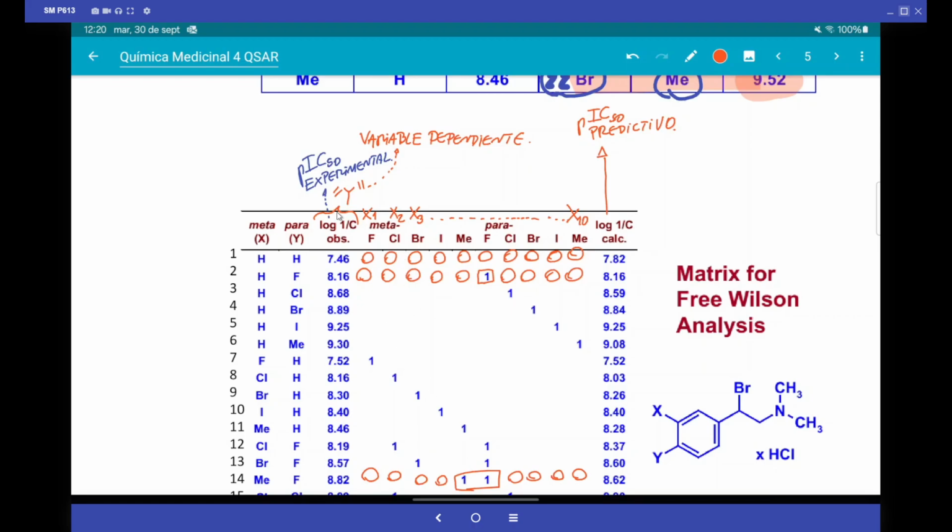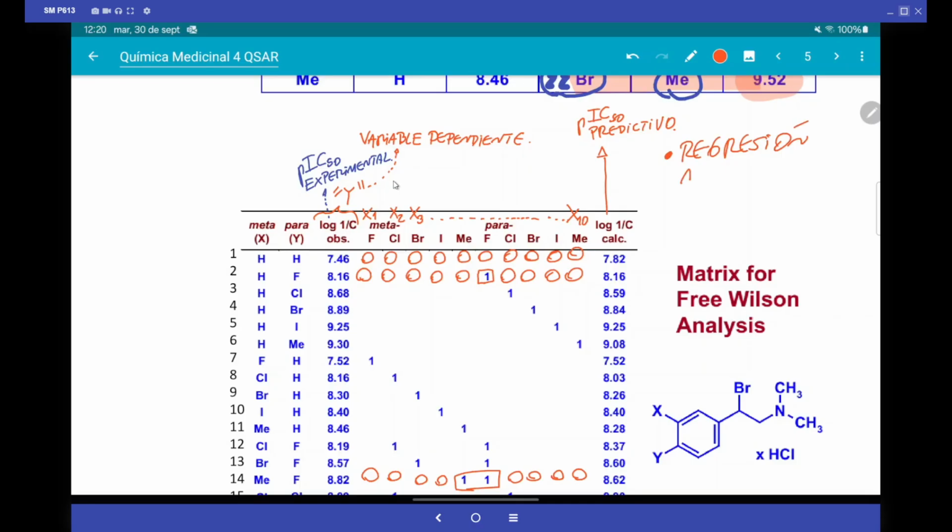Then we are going to do multilinear regression now, with a y and with several x sub i. What regression methods do we have? We can do classic multilinear regression.